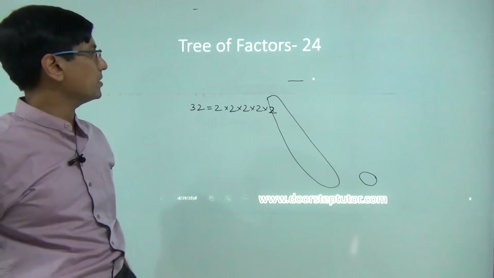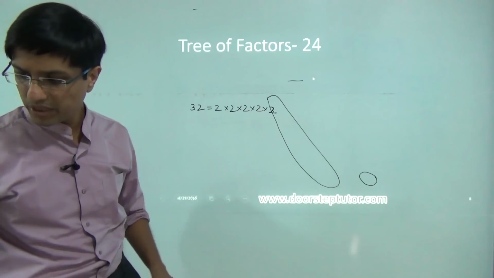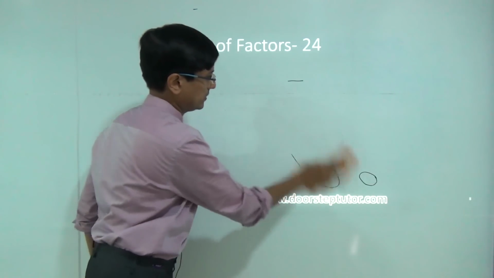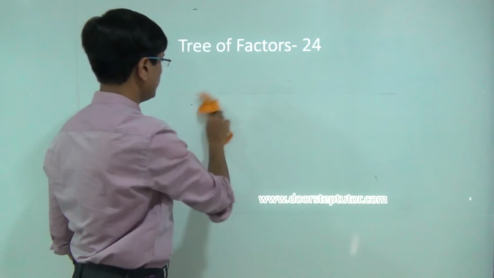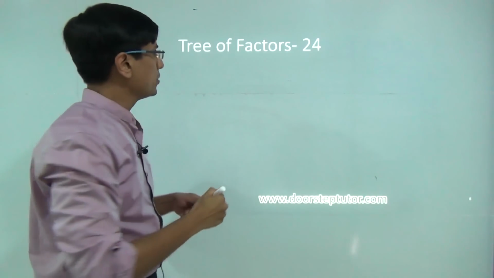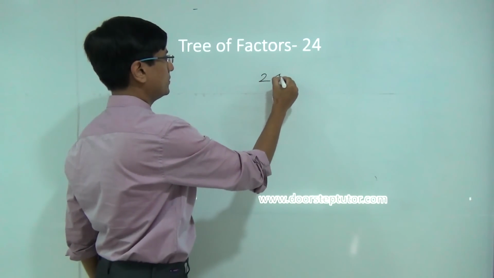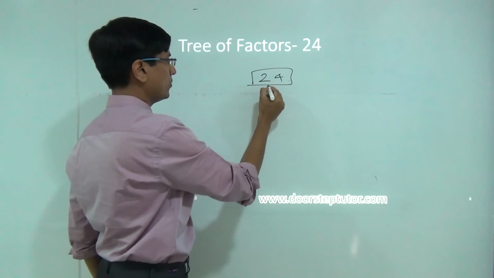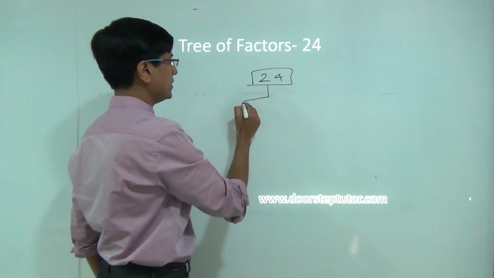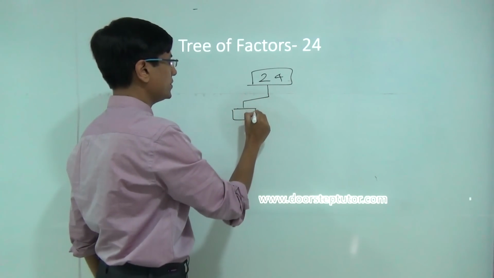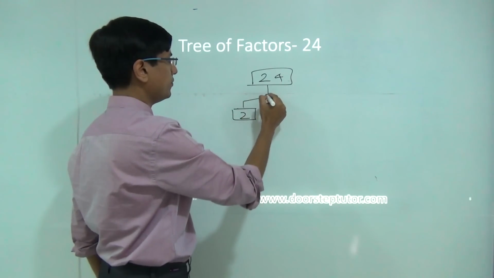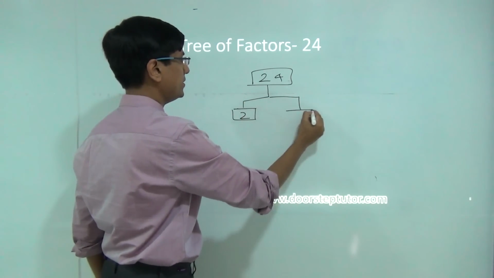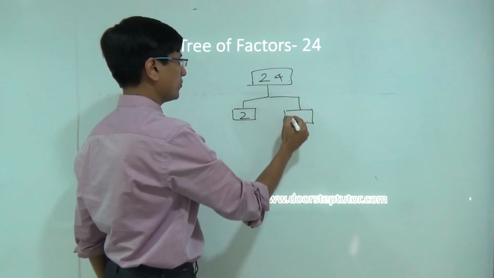Let's take another example. Let's try to find the factors of the number 24. This example we are just going to do on our own. So we start with the number 24. Notice 24 is even, so it's definitely divisible by 2. So I divide 24 by 2 and I am left with the quotient of 12.